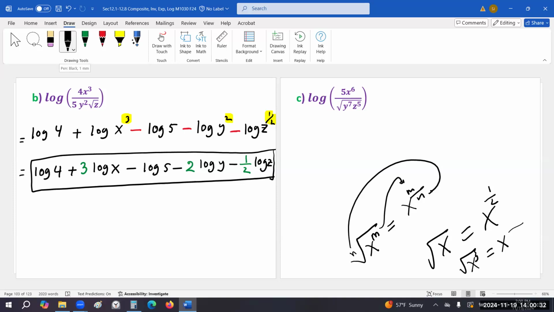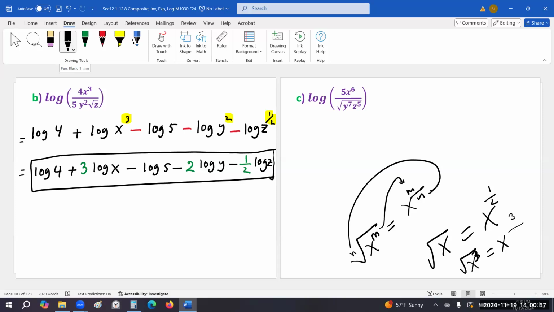So what goes on the top? This is 3. What goes on the top? 3. What goes on the bottom? What is square root? Square root is what power? 1/2.